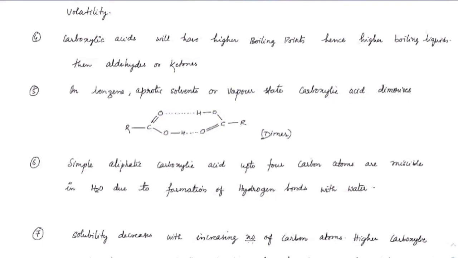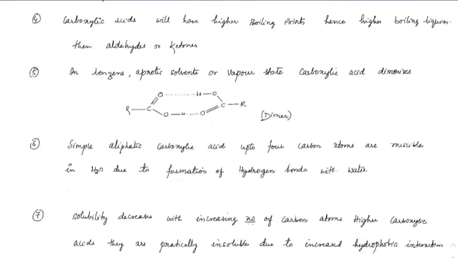Because of the strong interaction and they are planar with respect to this carbon, they will always form this chelation. So even in the vapor state, they will always have this dimer form. The reason is only strong hydrogen bonding.